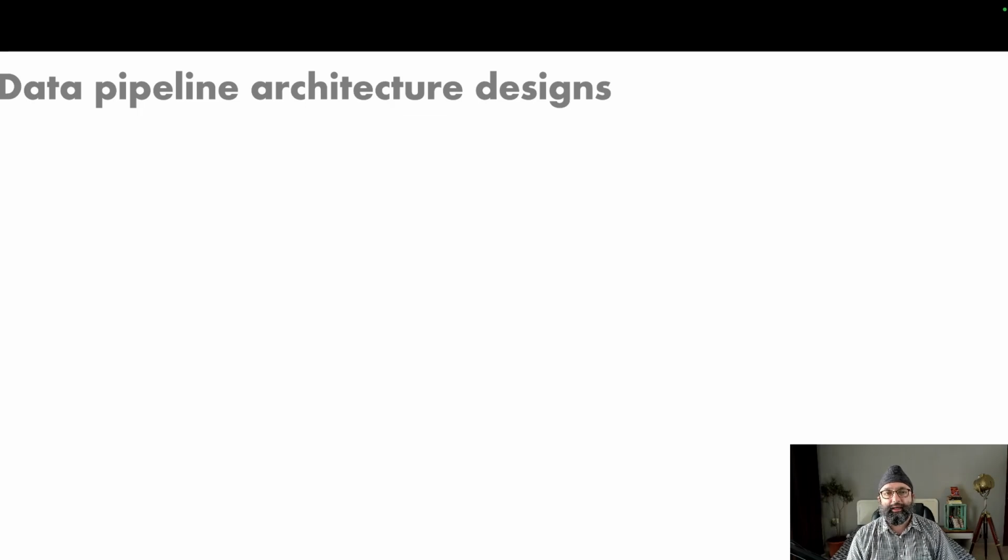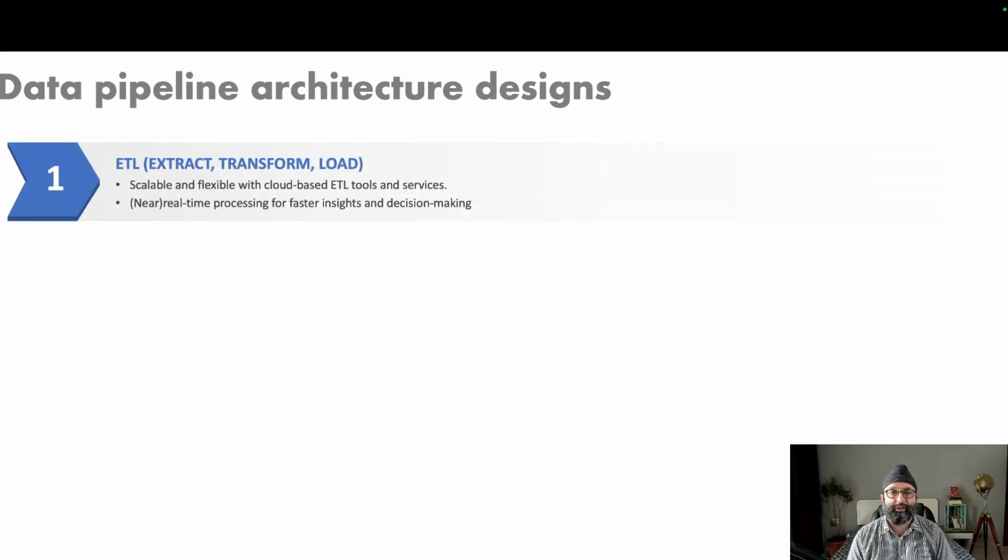Right, now let's look at data pipeline architecture designs. So first, extract, transform, load. ETL, we spoke about that. It's scalable and flexible with cloud-based ETL tools and services. This is offered out of the box by a lot of organizations, and it gives you real-time or near real-time processing for faster insights and decision making.